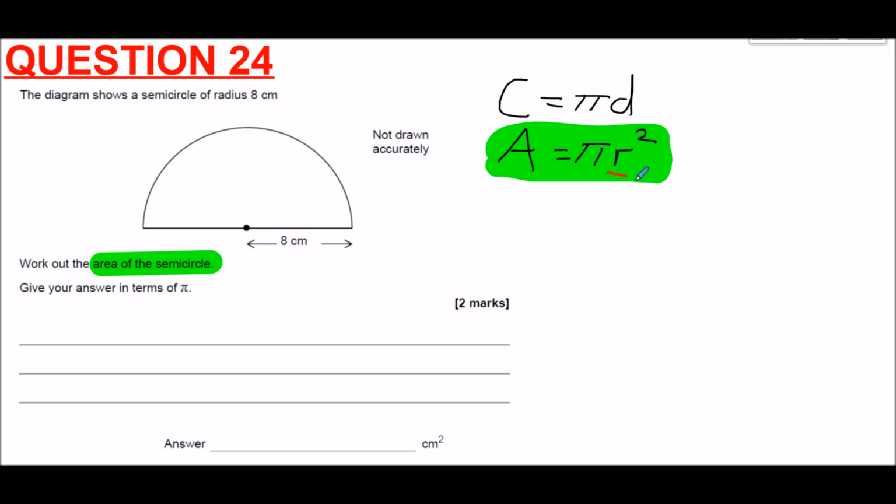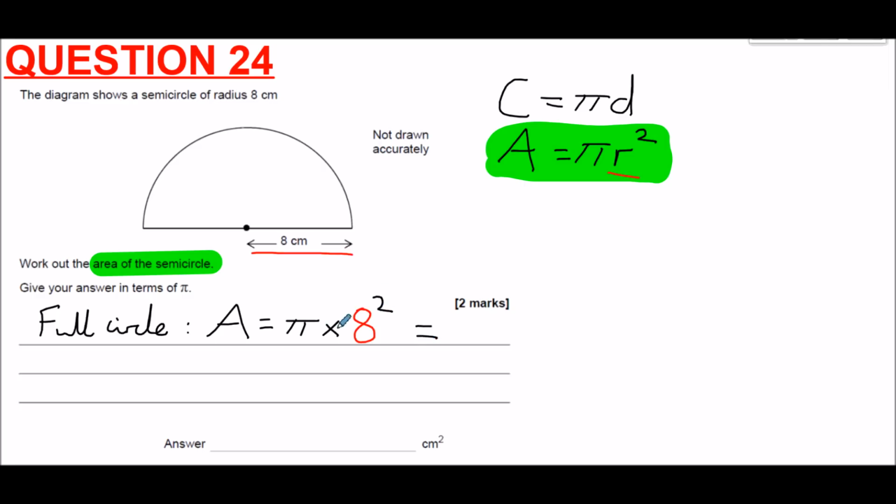R means radius, which is 8. So for the full circle, the area is pi multiplied by the radius, which is 8, squared.